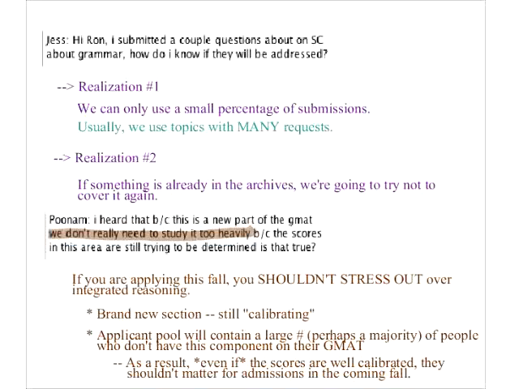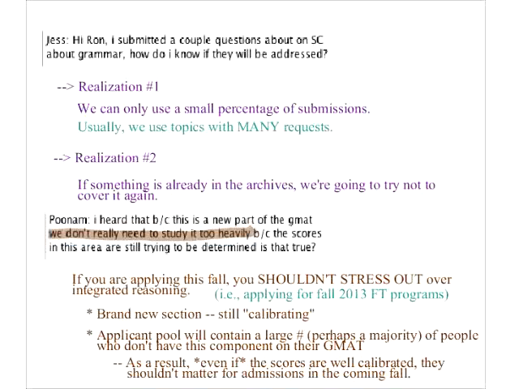But what I would suspect is that if you're applying this fall or this winter for fall 2013 full-time programs, the short version is that they don't matter that much. This is a section that's relatively unimportant.